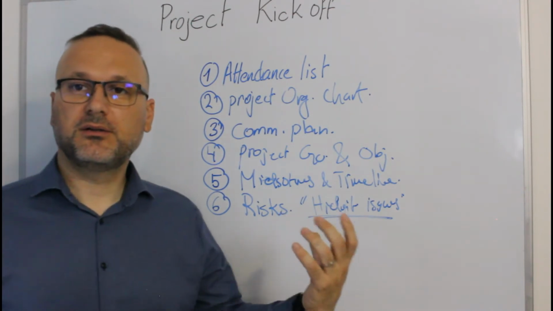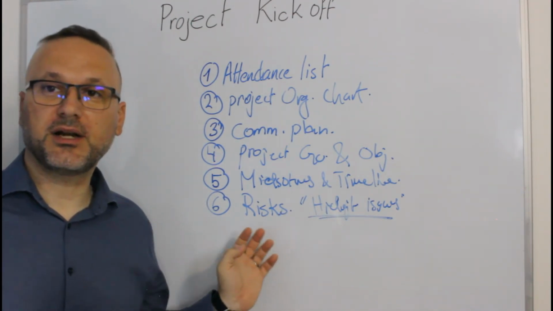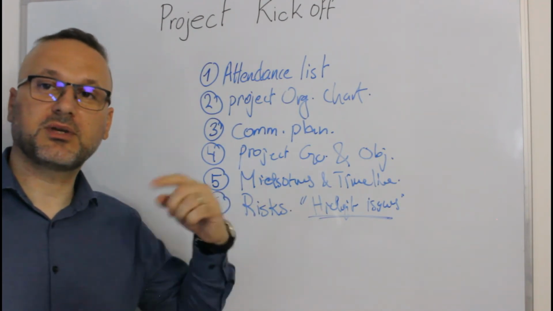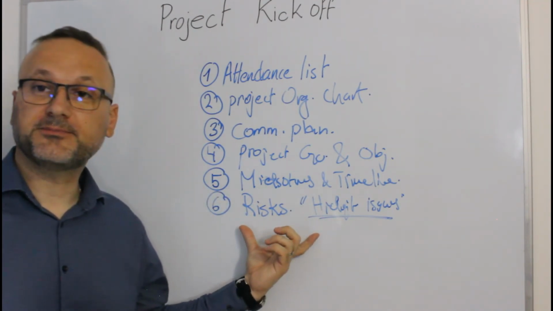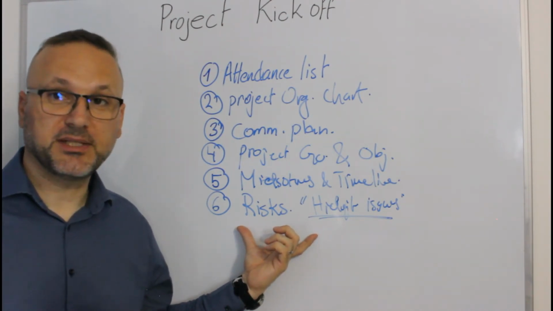The things which are known, the risk management is described in another separate episode. You can go through the episode of Whiteboard Project Management and you can see the project risk management.